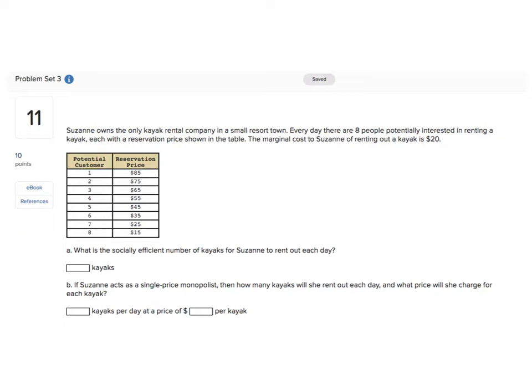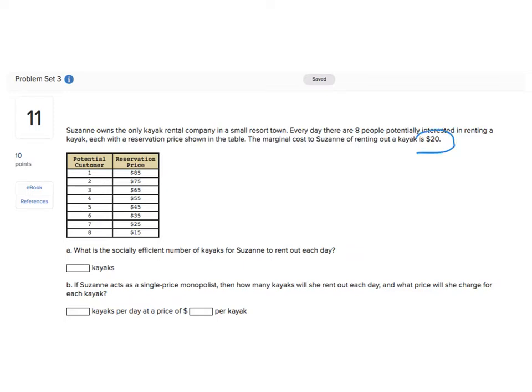Remember that demand is where the marginal value is found, and the supply curve is where marginal cost is found. Anyway, marginal value, or price off the demand curve, is equal to the marginal cost. That's where social efficiency occurs.